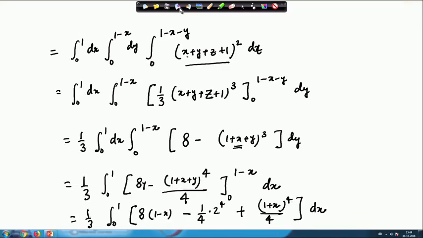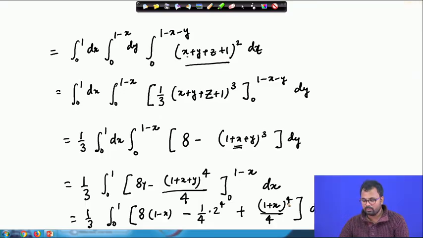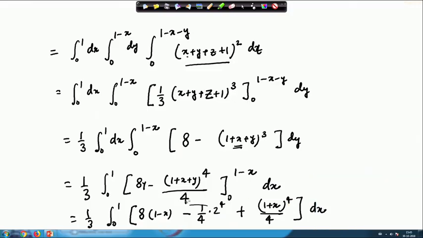So here basically we calculate (1 plus x) to the power 4 using the binomial theorem. So it will be x to the power 4 plus 4 x to the power 3 and so on, and then we integrate with respect to x. So this is a fairly easy integral to evaluate.